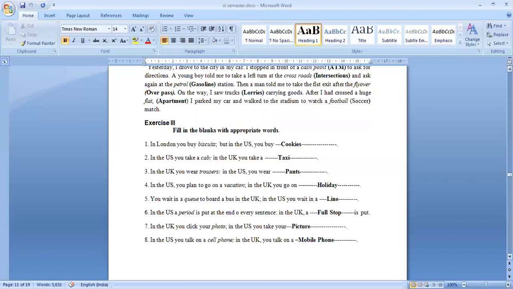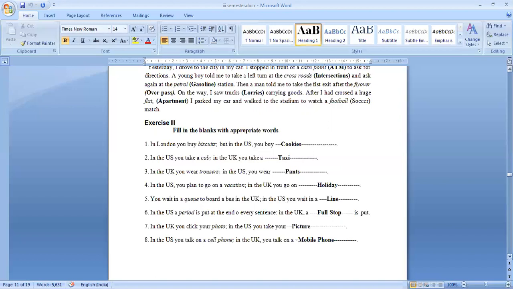The first sentence: In London, you buy biscuits, but in the US, you buy blank. For example, you are visiting a bakery or confectioner in London. London is a city in Britain, the capital city of Britain, England.